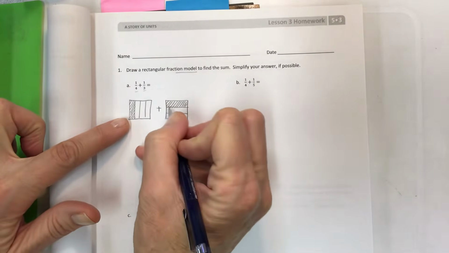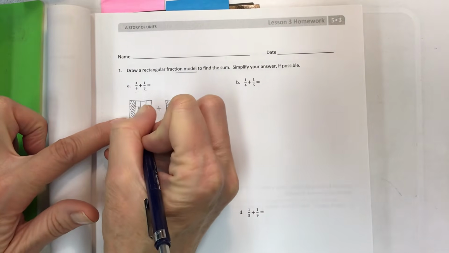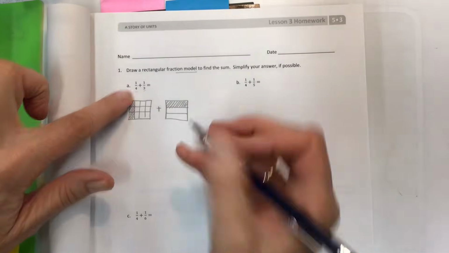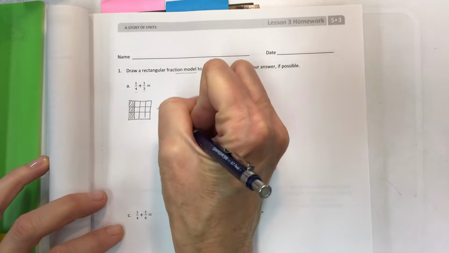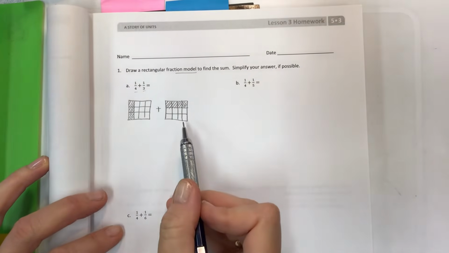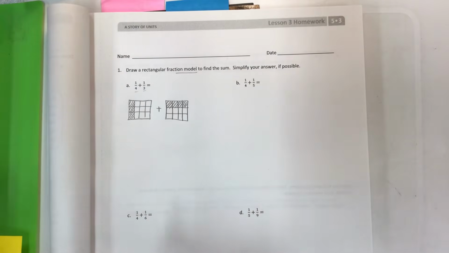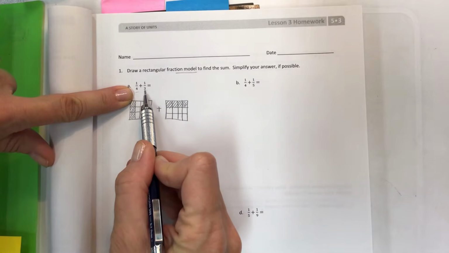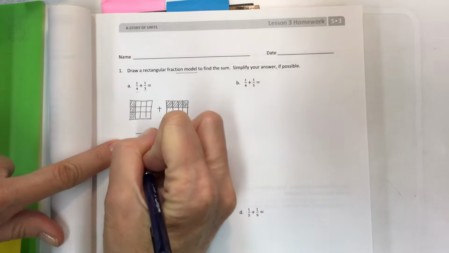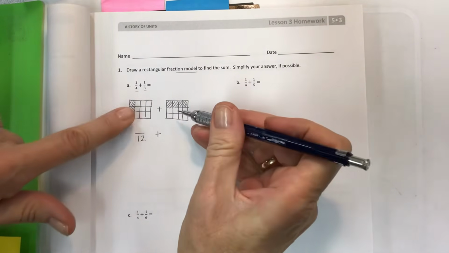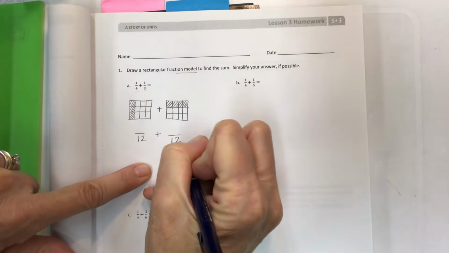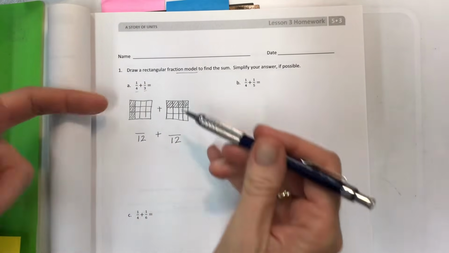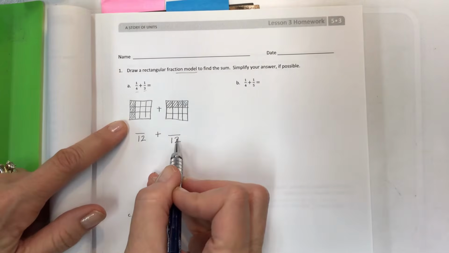For this first model, I'm going to take my thirds and go across my model, and I'm going to take fourths, which I had over here, and make the model using those vertical lines. Because fourths over thirds make twelfths, and thirds over fourths make twelfths, we now have twelfths and twelfths. And that's how we get our common denominator.